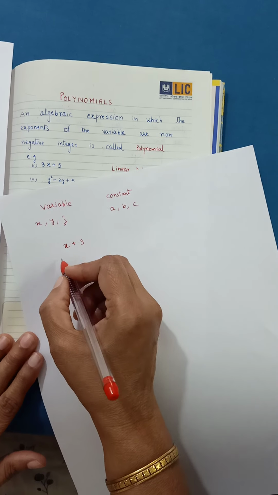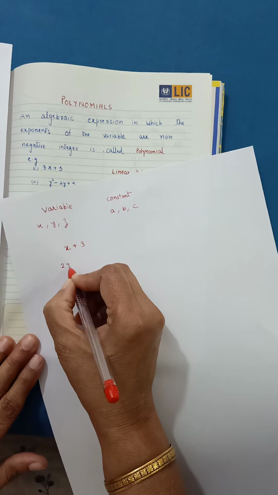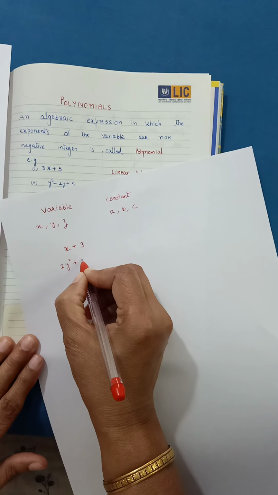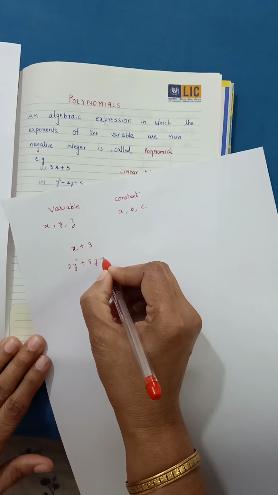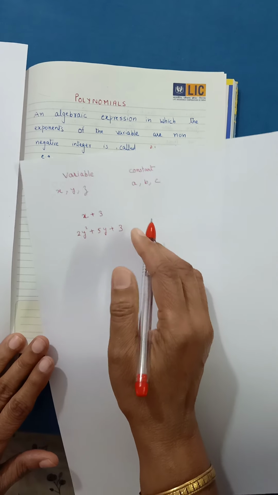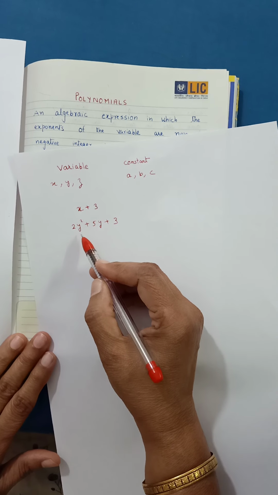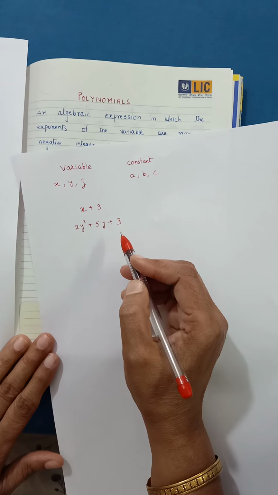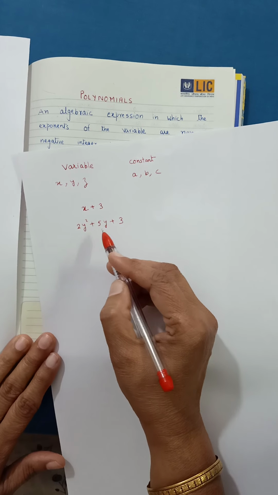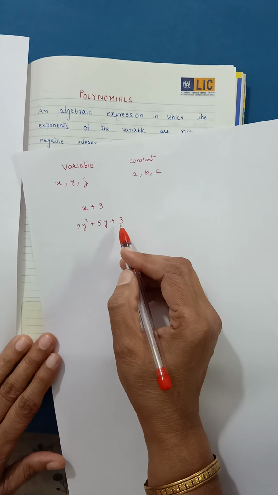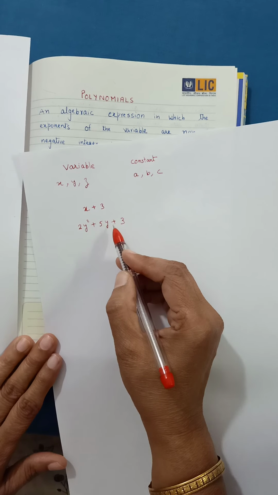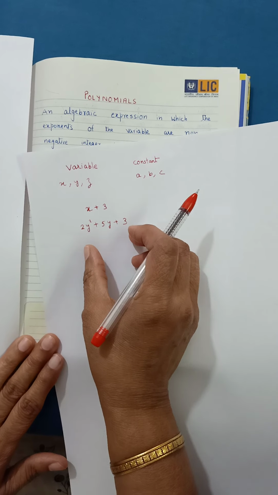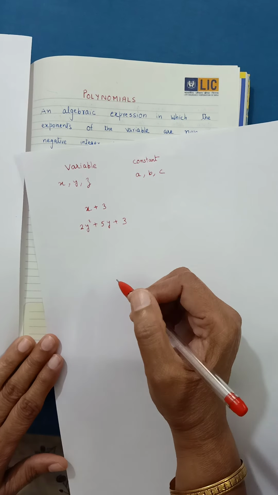Another example of a polynomial is 2y square plus 5y plus 3. Here y is a variable and 2, 5, 3 are constants, associated with positive signs. So a combination of this is called a polynomial.